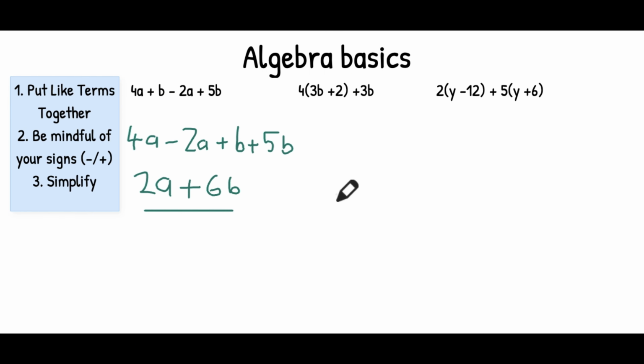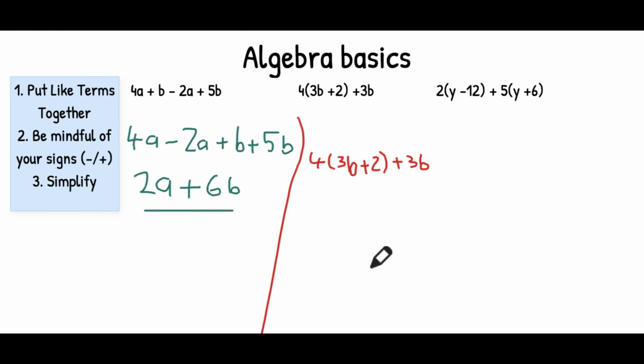The next one, as you can see, we've got brackets there. Let me take a different color, and I'm just going to demarcate it a little bit so that we're not confused. All right, so we have 4 open bracket 3b plus 2, close bracket, then plus 3b.